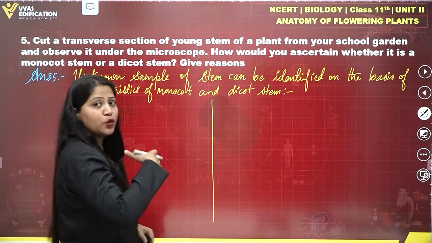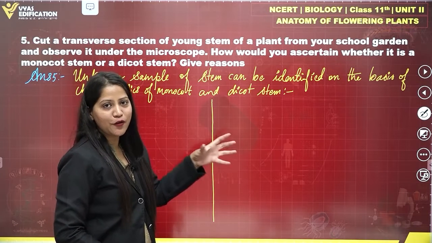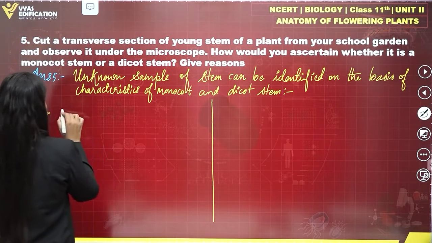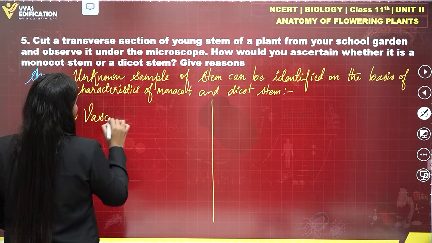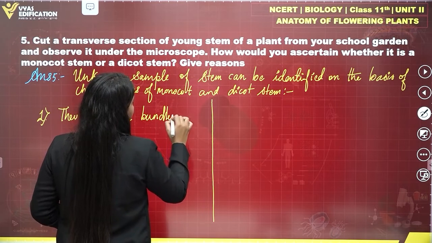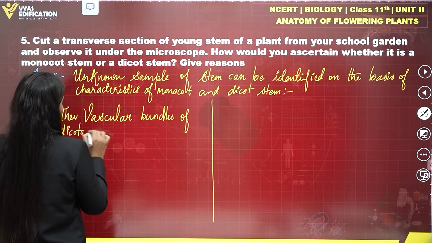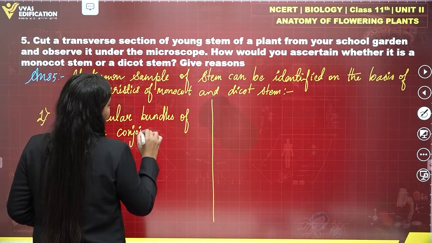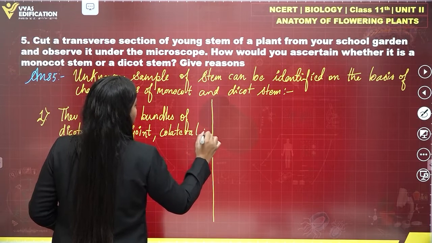In the left column, we are going to write the characteristics of dicot stem, and in the right column, the characteristics of monocot stem. Let's write the first characteristic, the vascular bundles. Vascular bundles of dicots are conjoint, collateral and open.